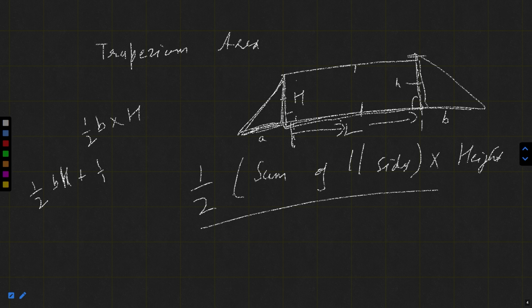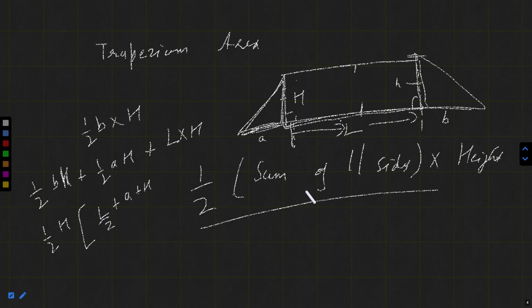So you have half BH, half AH, and plus the inside rectangle area, L into H. Taking half common and H common, you are left with half LAH.